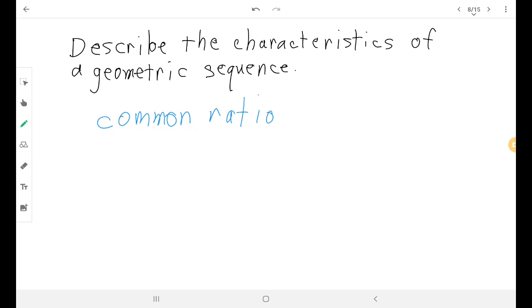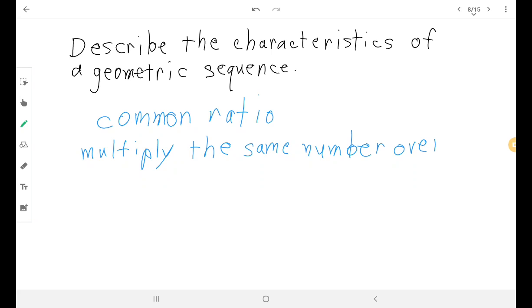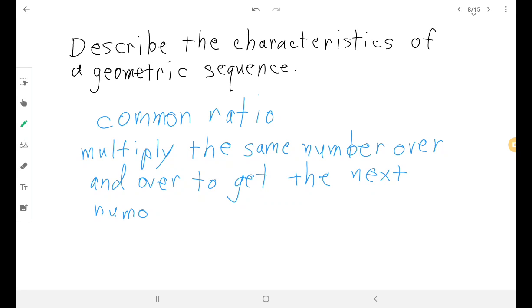And all that means is that you multiply the same number over and over to get the next number. So that's all it means, is we're just going to keep multiplying by the same number again and again and again.